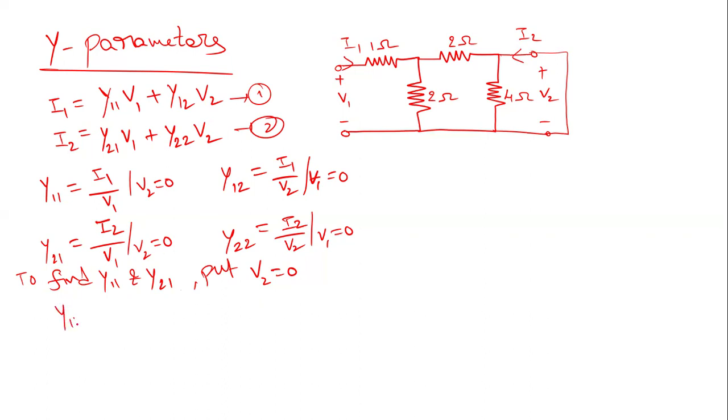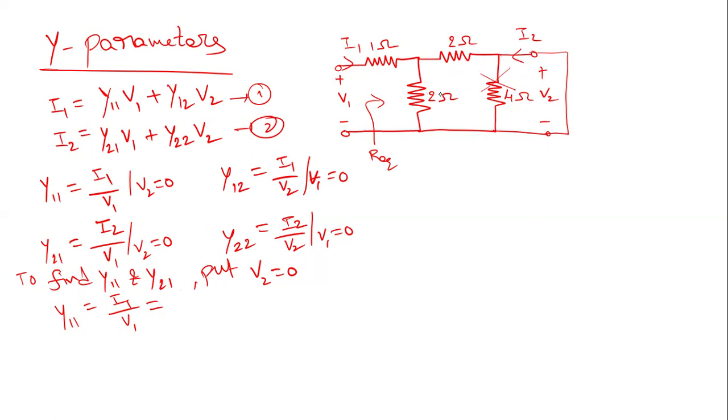So Y11 is I1 by V1. Already we have substituted the condition V2 equal to 0, so I'm not repeating again. I1 by V1 is 1 by R equivalent. This 4 ohm resistor is in parallel with a short circuit path, so 4 into 0 by 4 plus 0. Any resistor connected in parallel to a short circuit path becomes 0. Now if you observe, this 2 ohms is connected directly to ground.